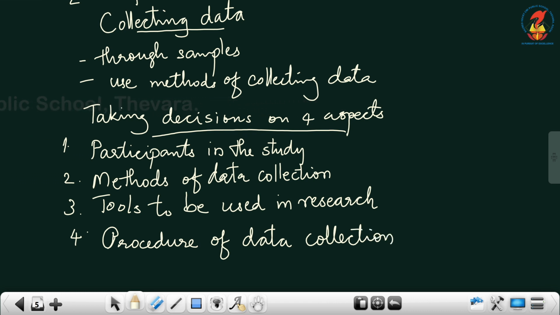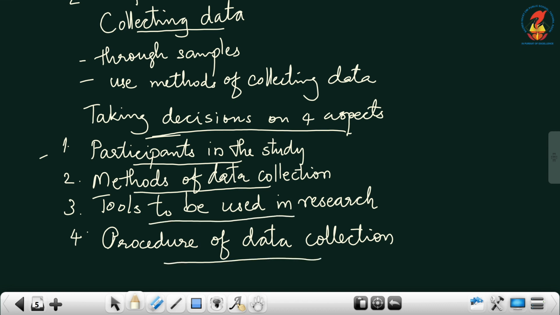So collecting data requires taking decisions on four aspects: participants in the study, methods of data collection, tools to be used in research, and procedure of data collection. Let us see them one by one.